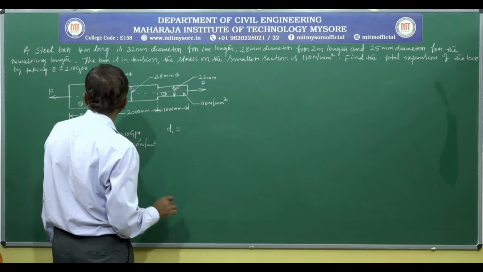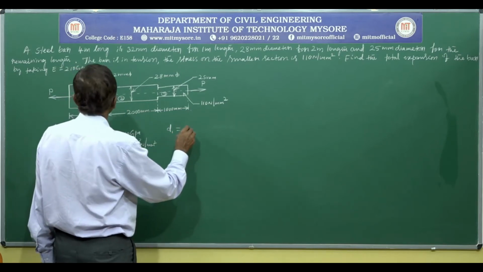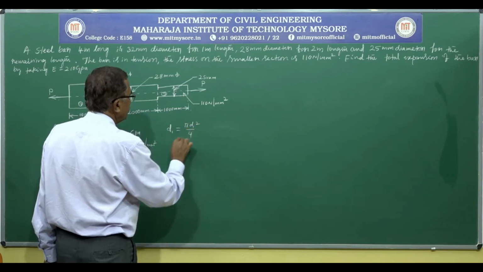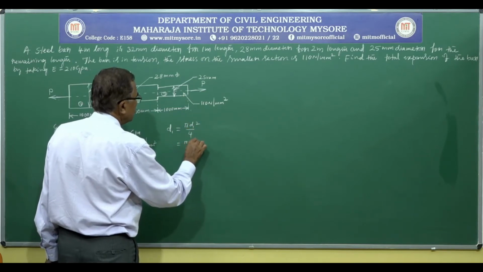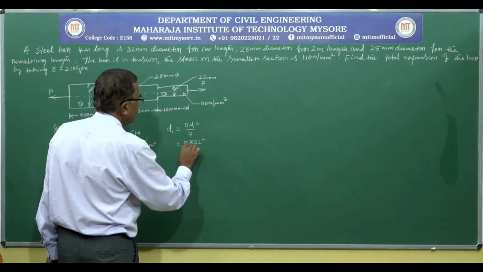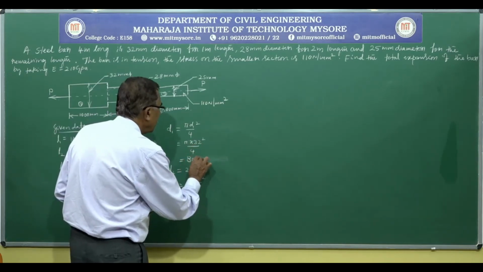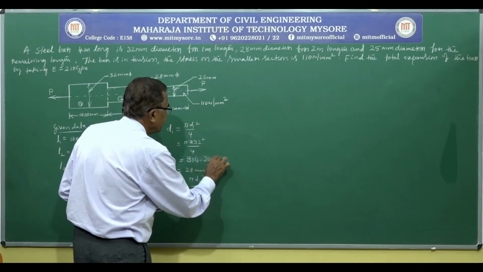Diameter of the first portion is 32 millimeter, A1 is pi d1 square by 4, that is equal to pi into 32 square by 4 is equal to 804.24 millimeter square.